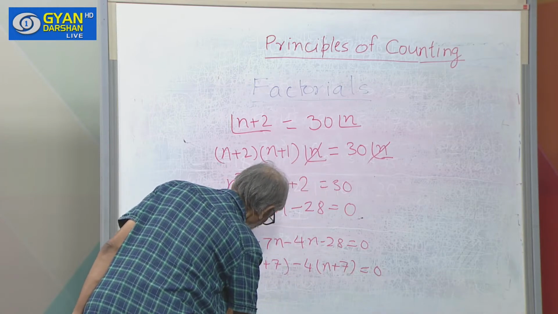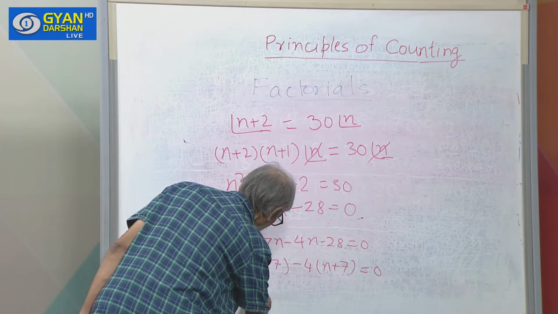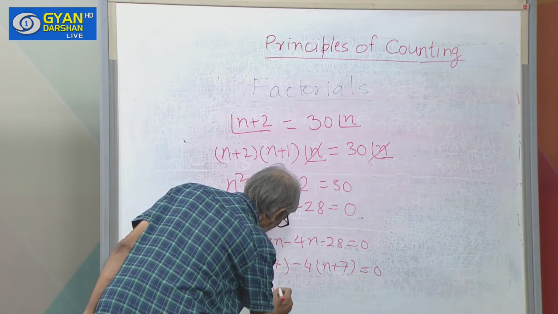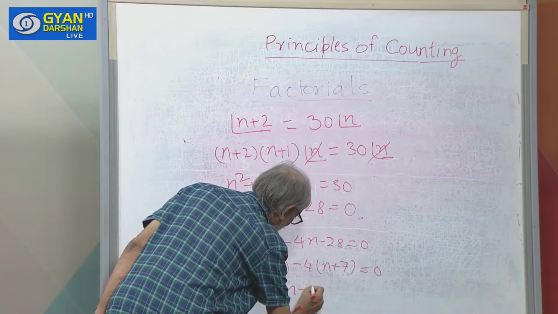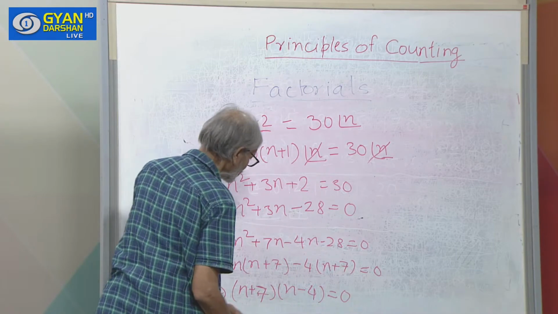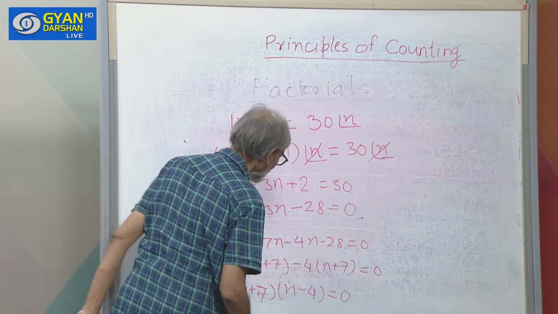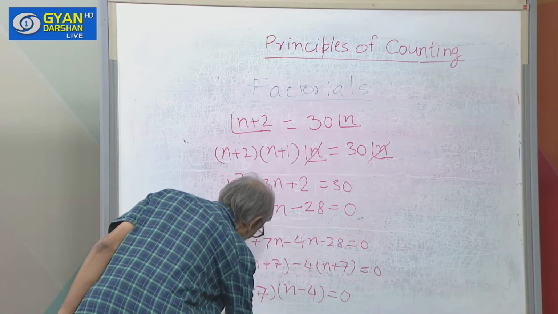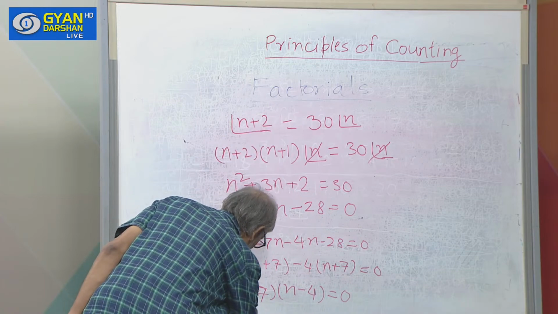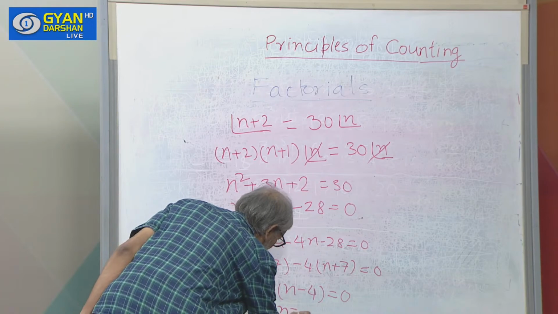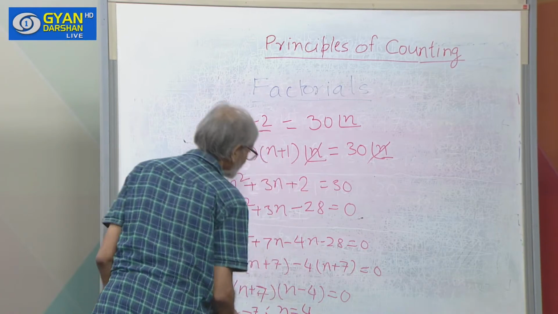Then I take n plus 7 common, so it will be n minus 4 is equal to 0. So, the product of these two factors is 0. So, either n will be equal to minus 7 or n is equal to 4.